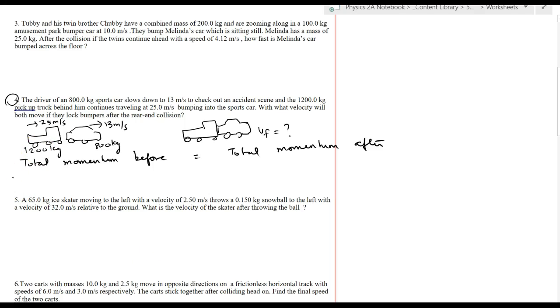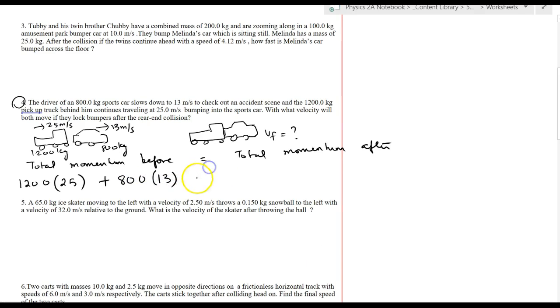So the momentum of the truck is 1200 times positive 25 because it's moving to the right. Plus the momentum of the car is again 800 times positive 30. It's moving to the right as well. Equals, because these two are stuck together, you can combine their masses, which is 1200 plus 800, times the final velocity, which is our unknown. So this is how we set up the equation.